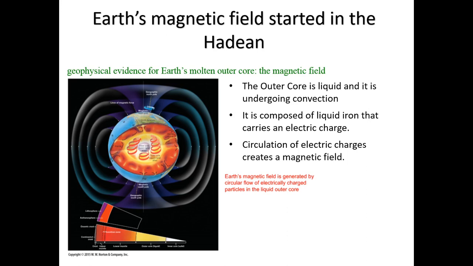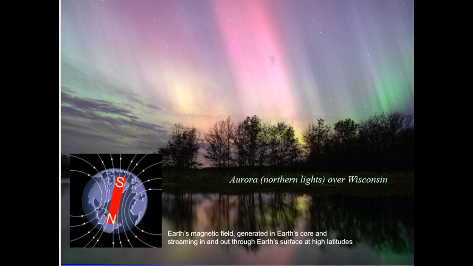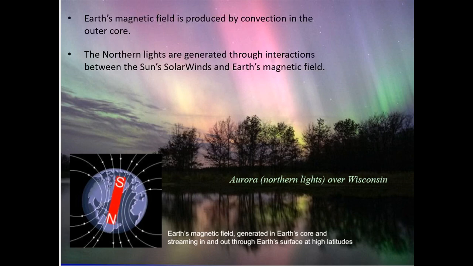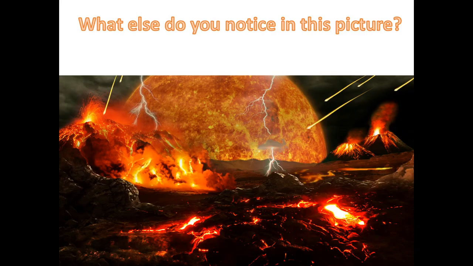So that means that we're going to have a magnetic field. So there probably was a magnetic field. There probably was aurora borealis at that time, just like we have today. Remember that Earth's magnetic field is produced by convection and circulation of the liquid iron in the outer core. And so yeah, that was a thing back then too.